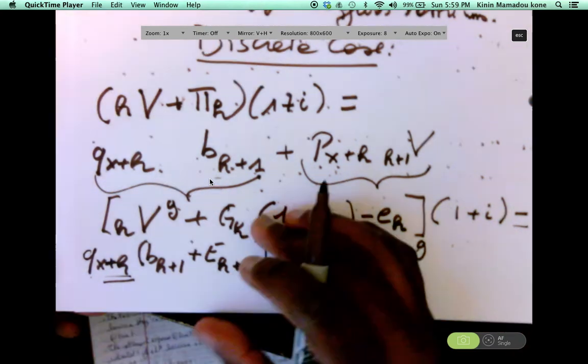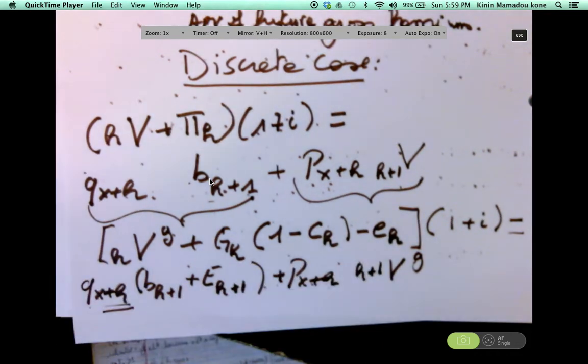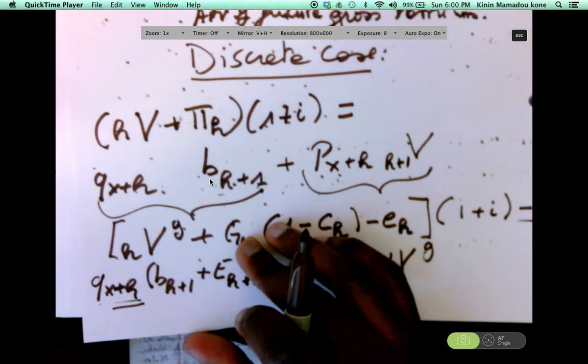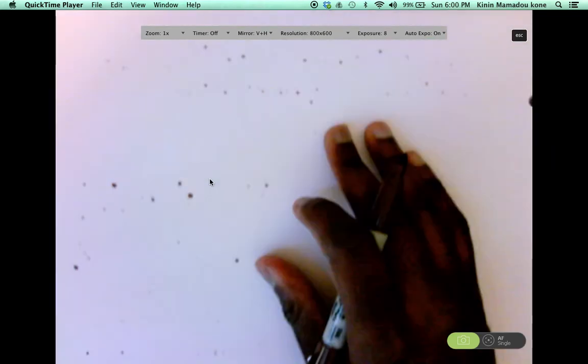So that's pretty much it for the gross premium reserve. We can summarize that part.